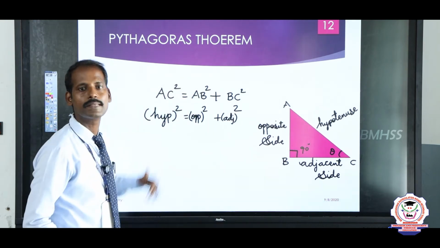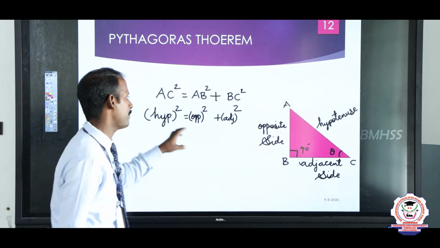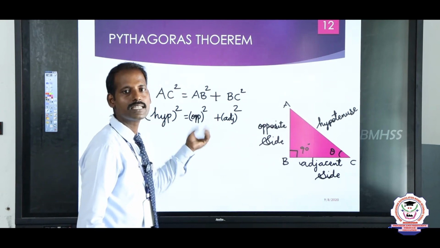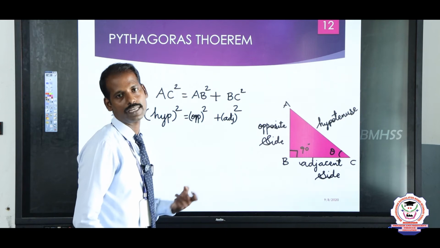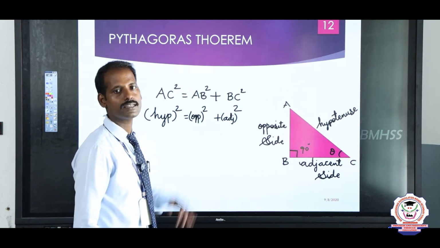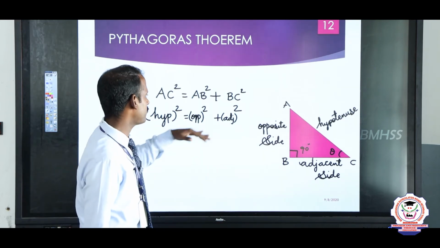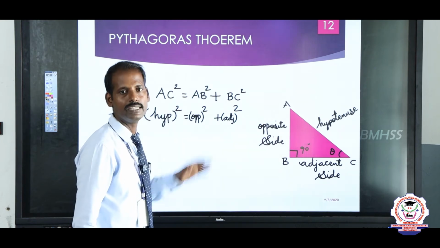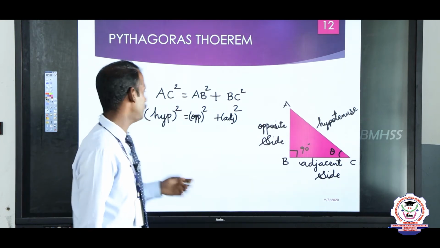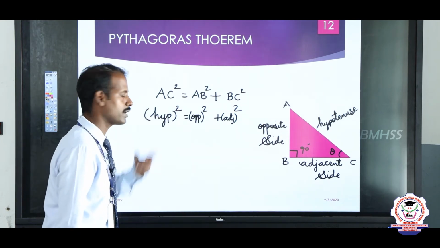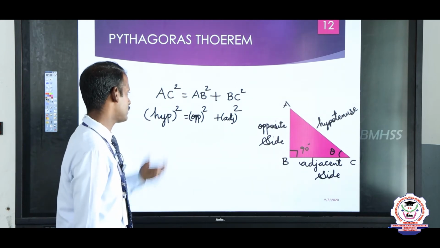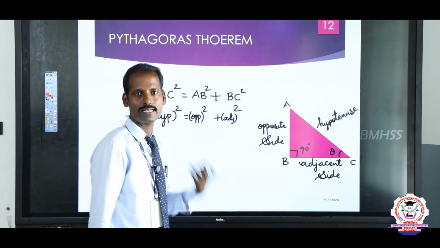The Pythagoras theorem statement is AC square equals AB square plus BC square. Here AC is the hypotenuse. Hypotenuse square is equal to opposite square plus adjacent square.